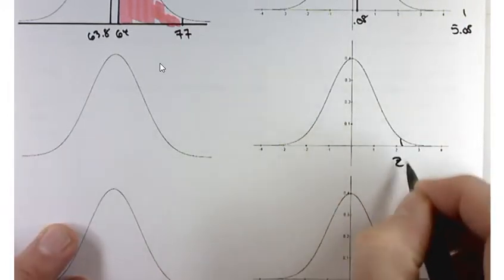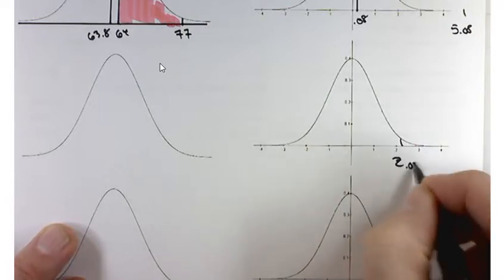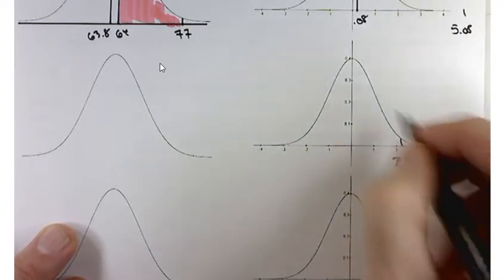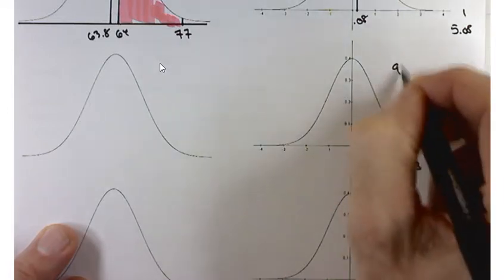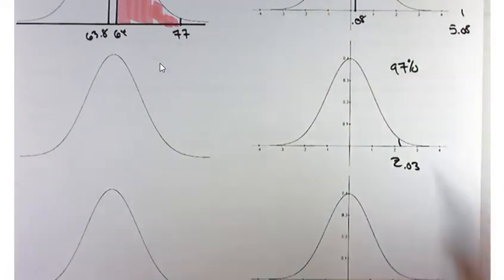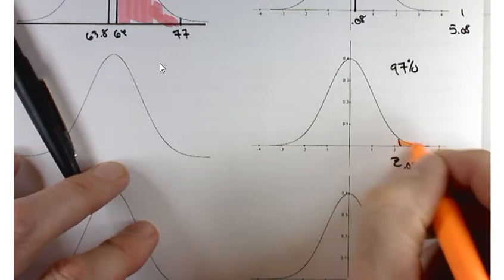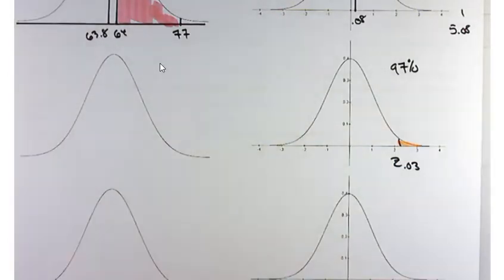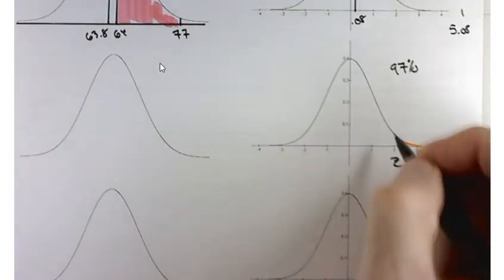So z sub 0.03, that's our 97th percentile. That means 3% are going to be in the right tail, and then 97% are going to be in the left tail. So 0.97.